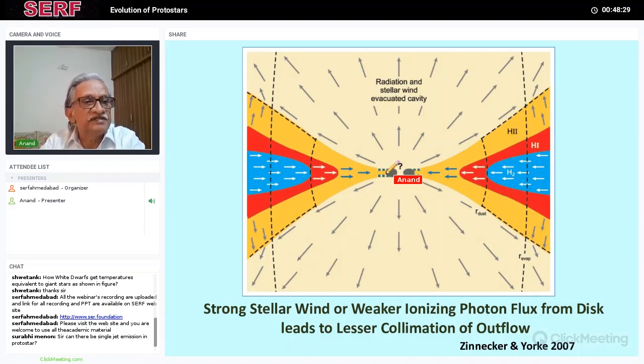And that hard radiation, ultraviolet and so on, actually ionizes and excites these regions here in the disk. So the outer regions of the disk therefore are now ionized. So we have an ionized disk here, the H II disk, the ionized hydrogen disk.